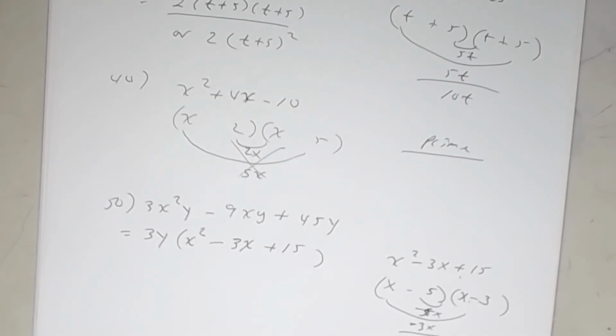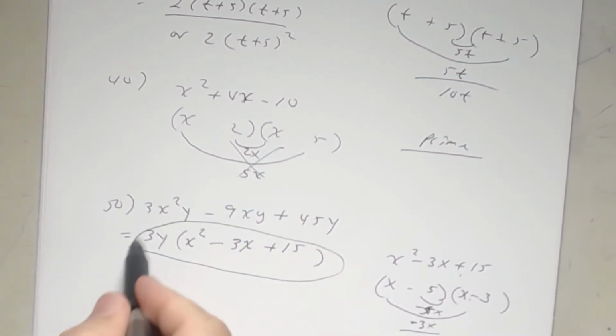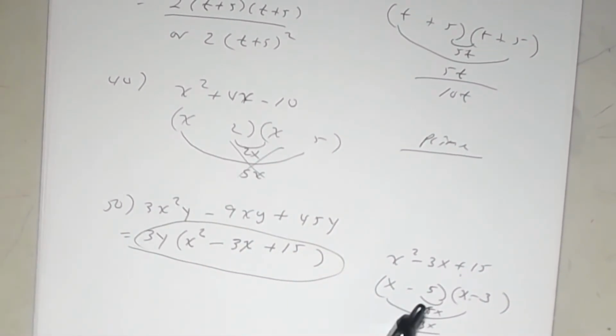So we're looking at this trinomial again, and the question is, what's the answer? You can't factor any further. The only thing you could take out was the GCF. Factoring involves the GCF, that's part of factoring.